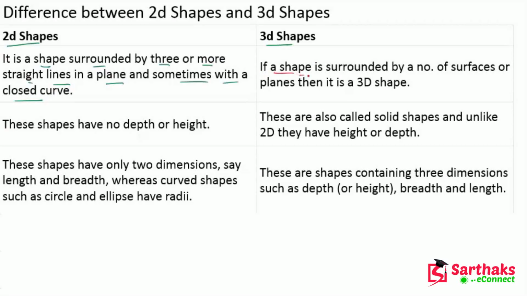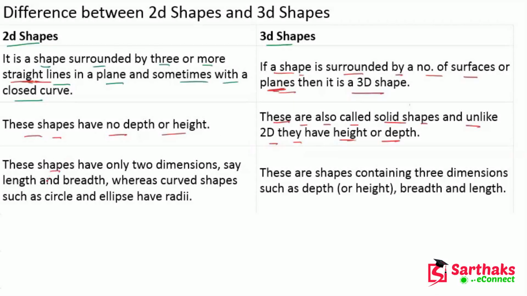If a shape is surrounded by a number of surfaces or planes, then it is a 3D shape. 2D shapes have no depth or height, only two dimensions, length and breadth or width. 3D shapes are also called solid shapes, and unlike 2D, they have three dimensions: length, breadth and height or depth.